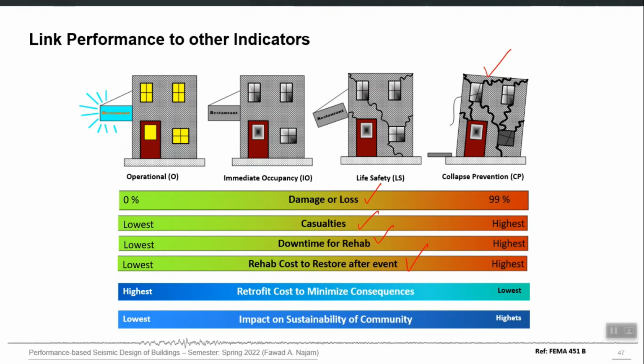This much repair cost you have to sustain. Now your choice: you design for a higher number and pay more, or get ready for a higher repair cost in case of an earthquake, right? So everything is in your hand now. So you settle with the client what he exactly requires, what is acceptable for him, and finalize a design based on that, right?